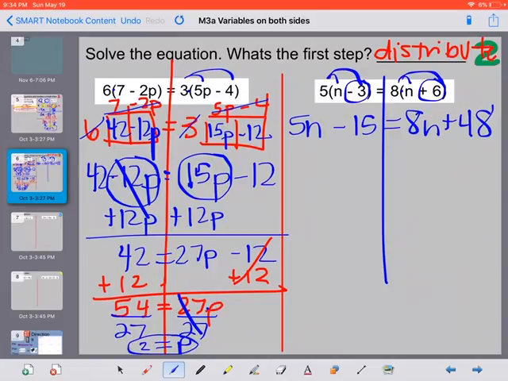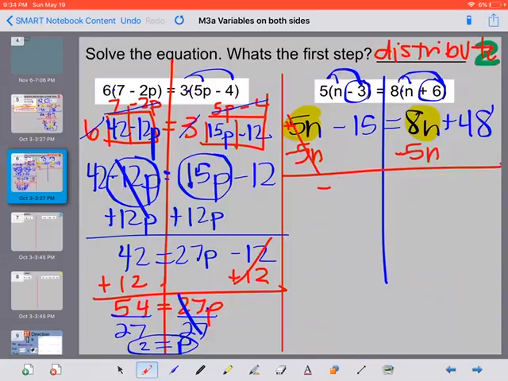So just like the last one, we don't have any like terms to combine, but we need to move all of our n's to the same side. I'm going to move whichever one's smaller to keep our numbers positive. So I'm going to move the 5n. So I'm going to subtract 5n, because this whole thing is positive, we do the opposite. Subtract 5n.